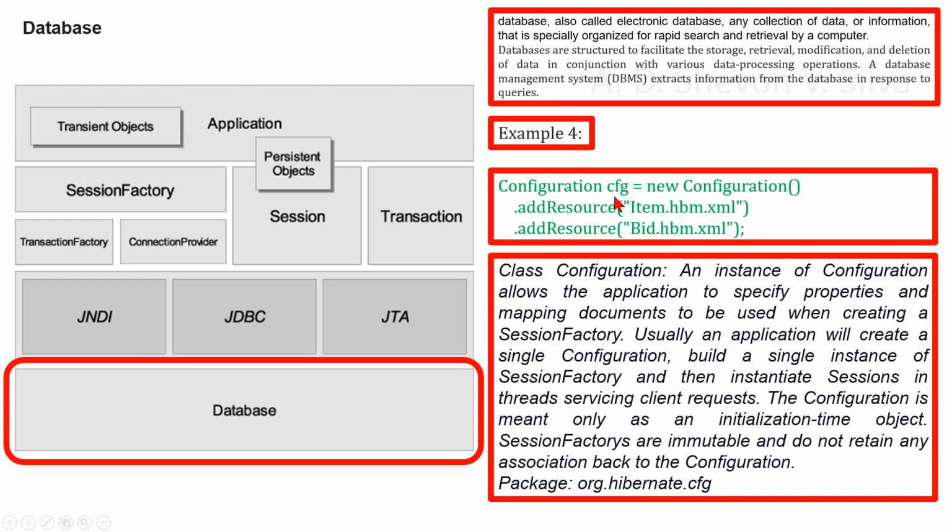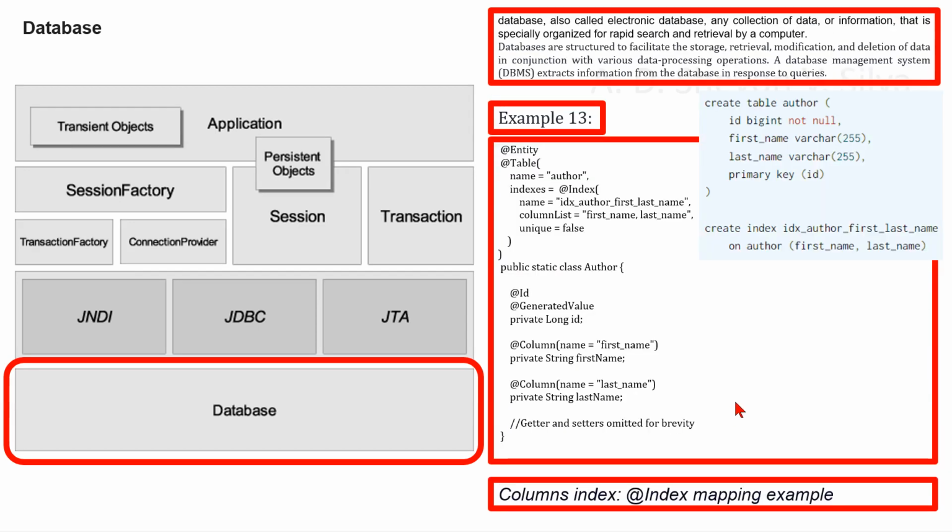The class Configuration is in org.hibernate.cfg. As an exception, now we are considering column's index. Here is an @Index mapping example. The @Index annotation is used by the automated schema generation tool to create a database index.